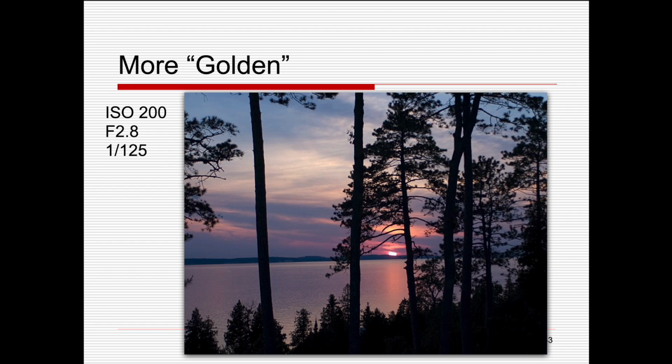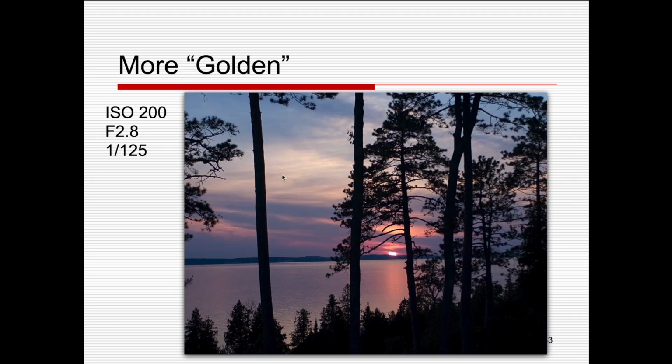I made this picture on Mackinac Island. Even though I'm at 2.8, we have great focus from here all the way to my subject here, because as our distance to our subject increases, so does our depth of field.